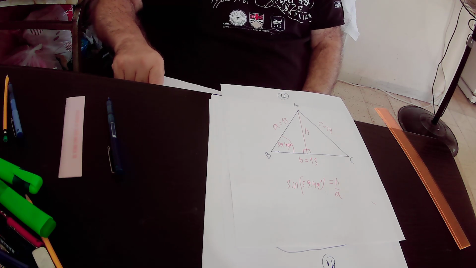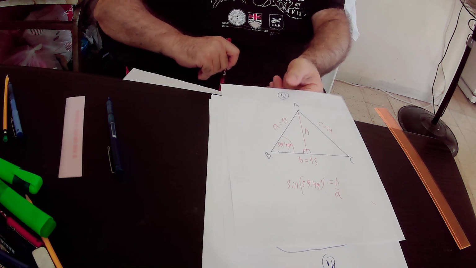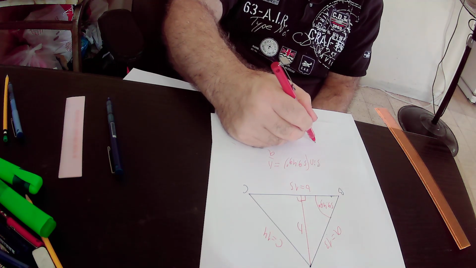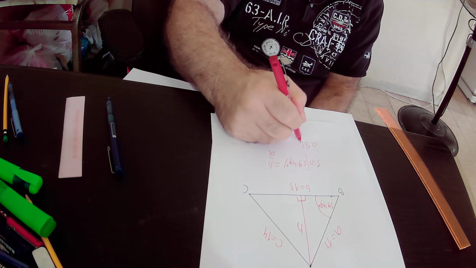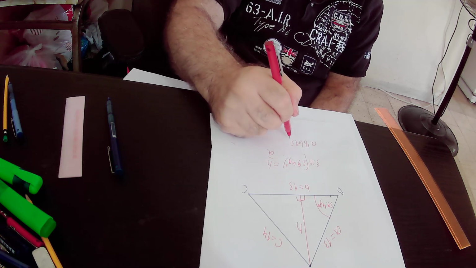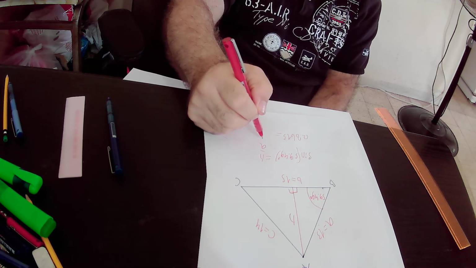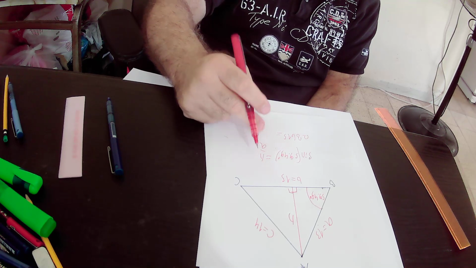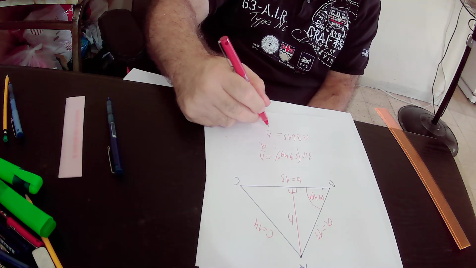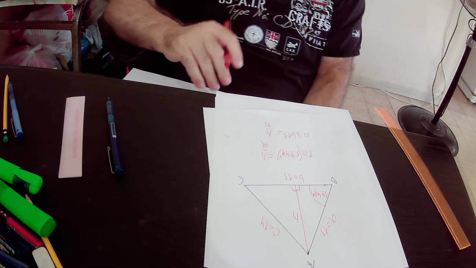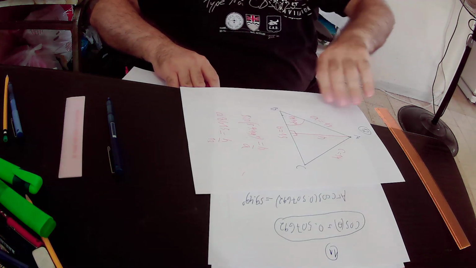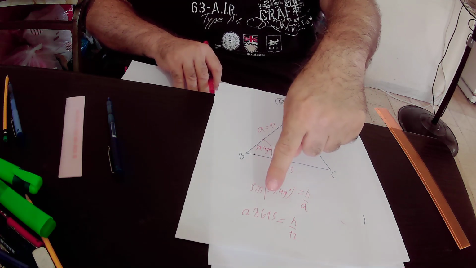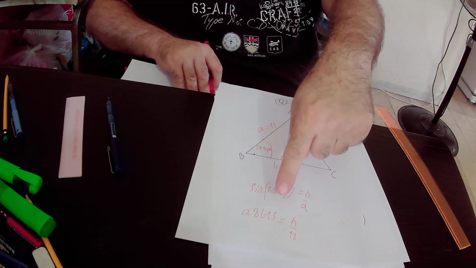And actually sine of 59.49 degrees equals 0.8615, and it equals h over A, but we know that A equals 13, so we can substitute A by 13, so it is h over 13. So the height of triangle ABC will be equal to 13 times 0.8615.